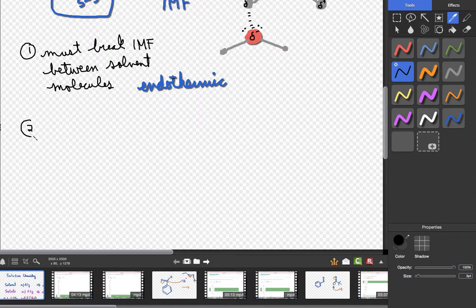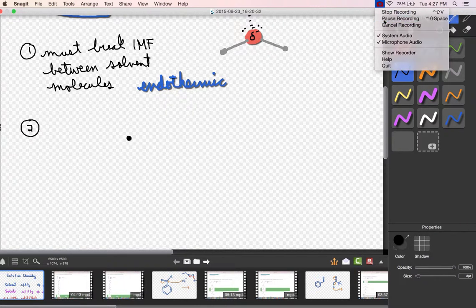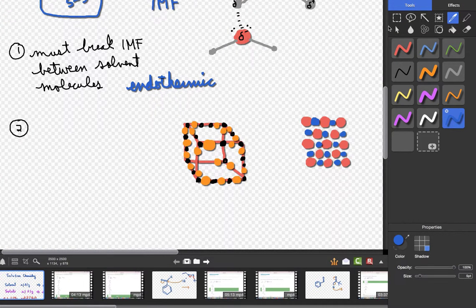Step two deals with the solute. So let's imagine we have NaCl. Now you need to remember that the cation is smaller than the anion. So in a lattice, you're going to have a three-dimensional arrangement in which you have a cation next to an anion, next to a cation, next to an anion.